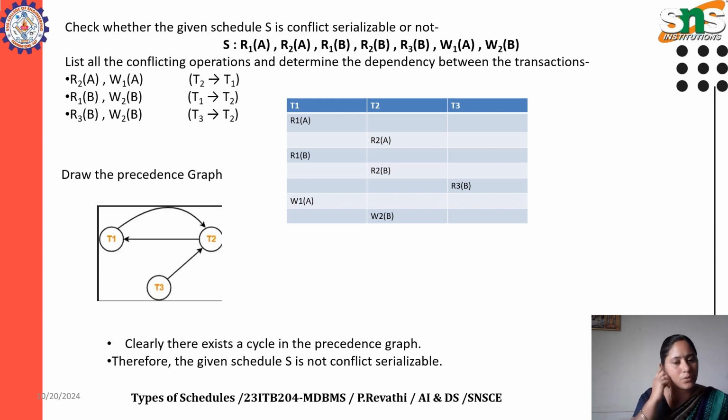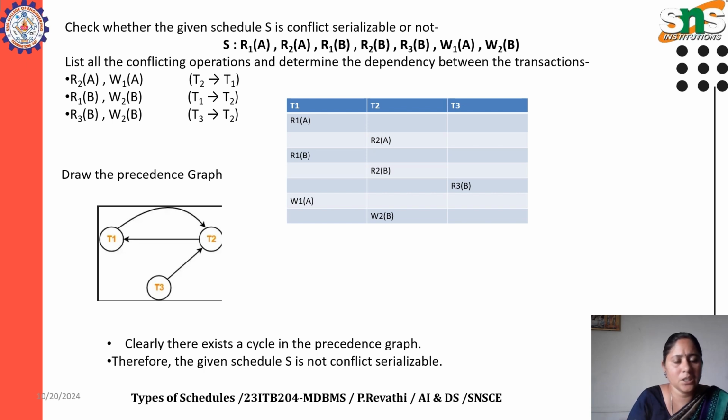Based on this, you have to draw the precedence graph. In this precedence graph, we draw an arrow for T2 to T1 and T1 to T2, because we already found the dependencies between the transactions.